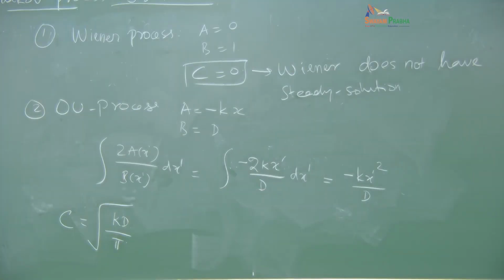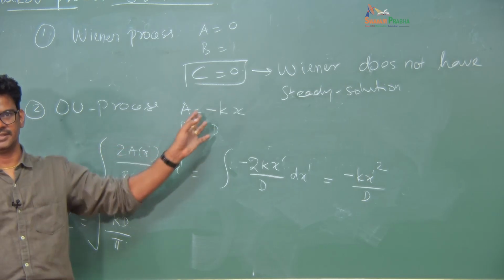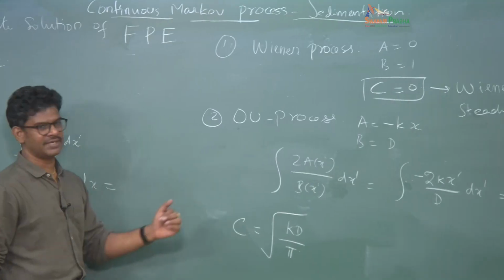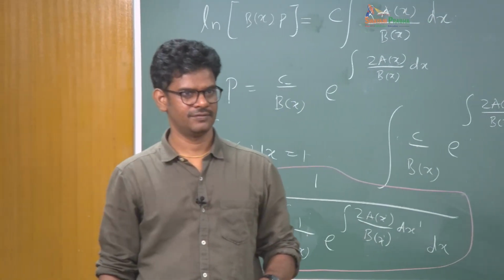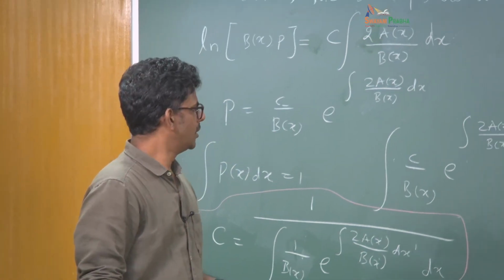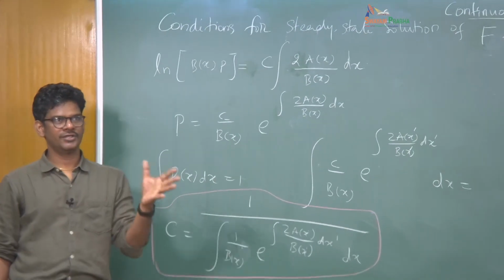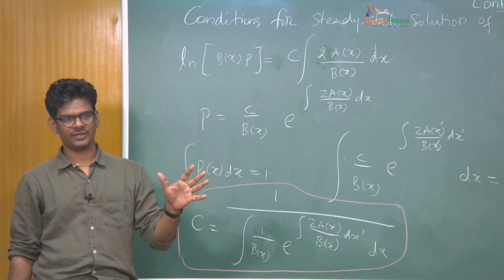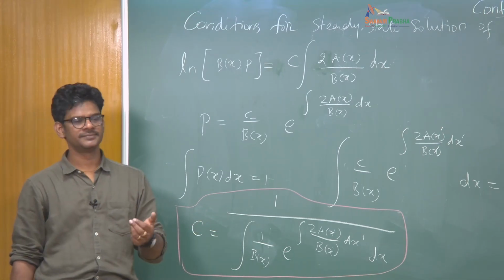You can also substitute the sedimentation problem where we had A equal to some minus C and B equal to D. You will see that C will have a finite value. So when you try to model any continuous Markov process using the Fokker-Planck equation, the first thing for us is to understand what these characteristic functions A and B are.